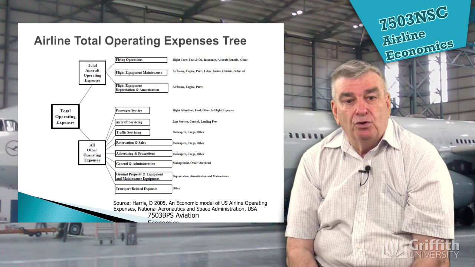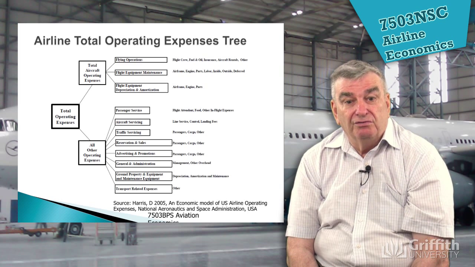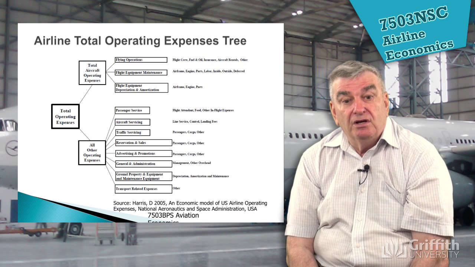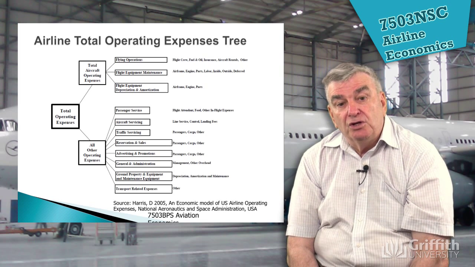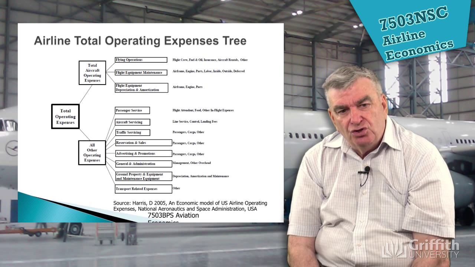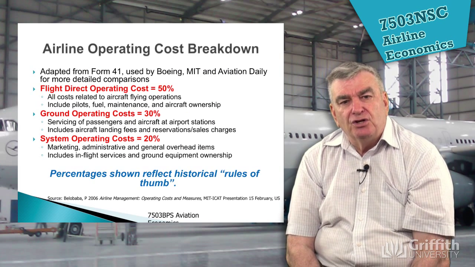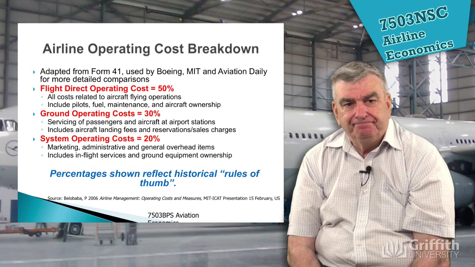And then we'll be looking at all those other costs, such as the passenger service itself, the aircraft servicing between legs. We can take a look at all those other things, passenger processing, and we'll be breaking those down so that we get an understanding of how these costs, all of them individually, contribute to that total operating cost.